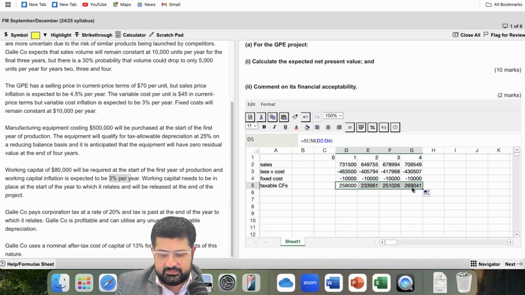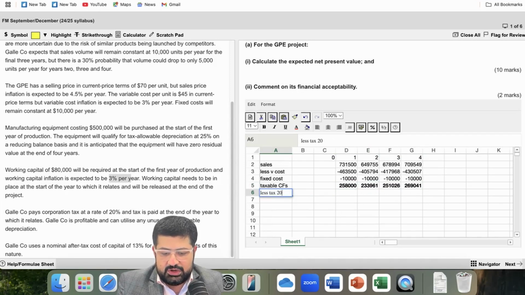Taxable cash flows. And now less tax, 20% in the same year. Negative 20% since it is a payment. Into this. And here we go. That is the 20% tax payment.